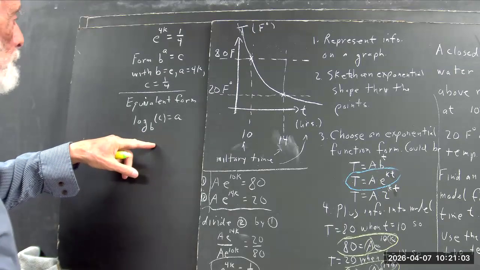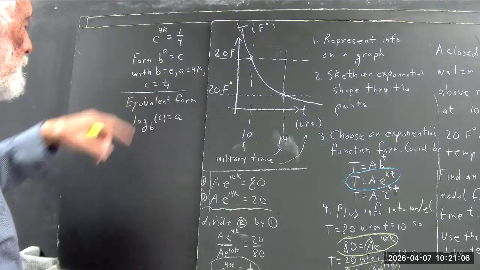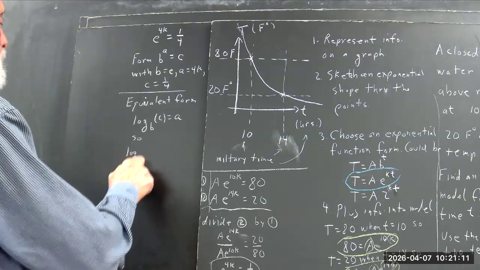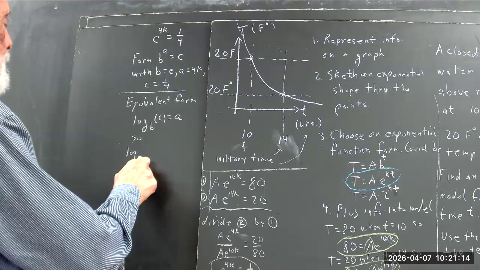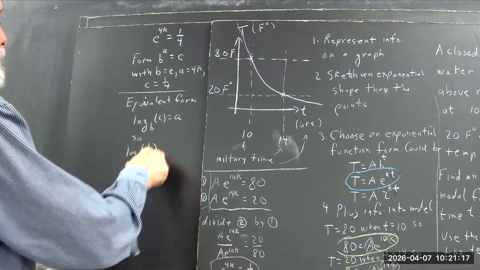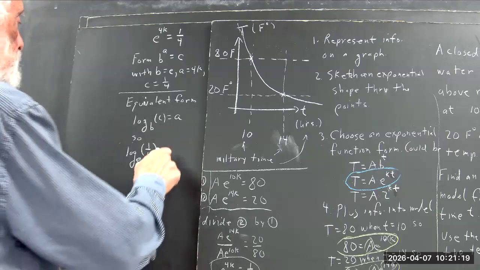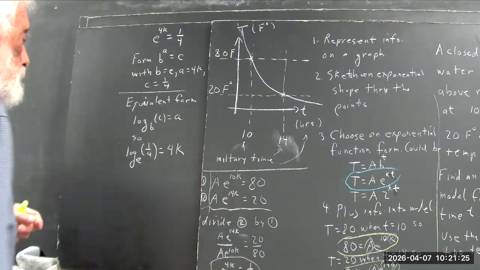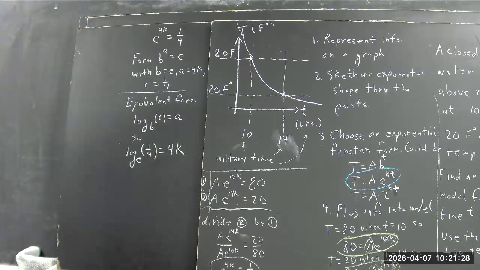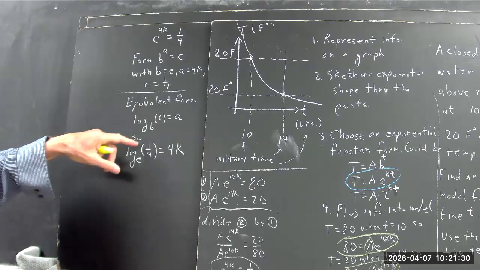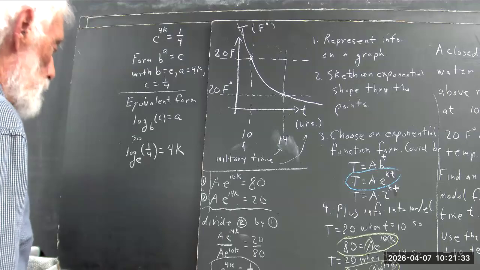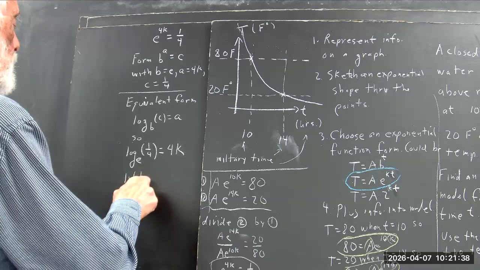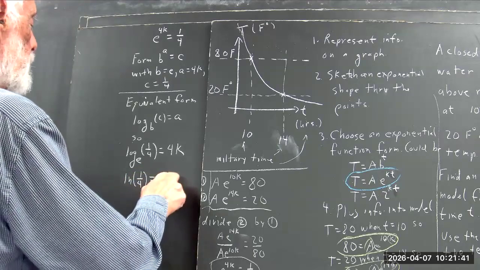Now, if we use this form with these values of a, b, and c, we get log base e of 1/4 equals 4k. Now, log base e of 1/4 is the natural log of 1/4. So natural log of 1/4 equals 4k.